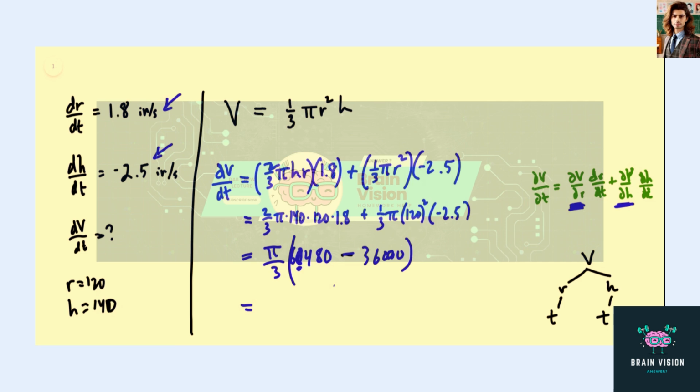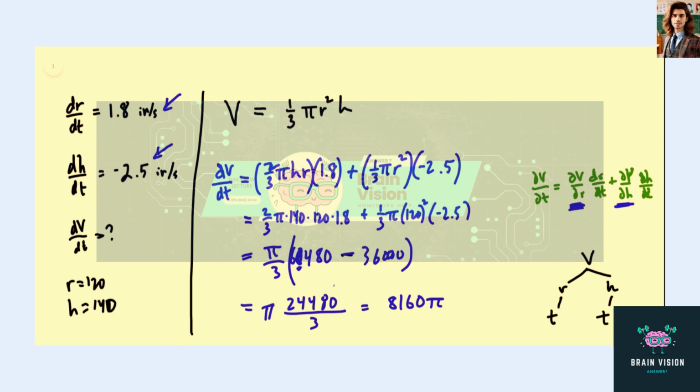All right, so we end up with 24,480 all over 3, and then times pi. So this is 8,160 times pi.